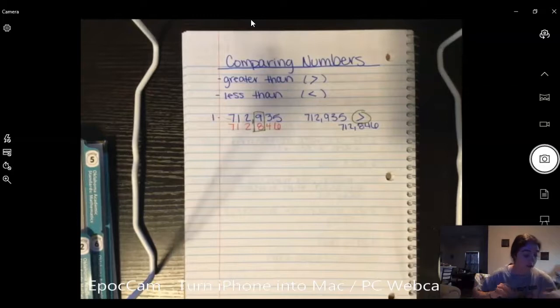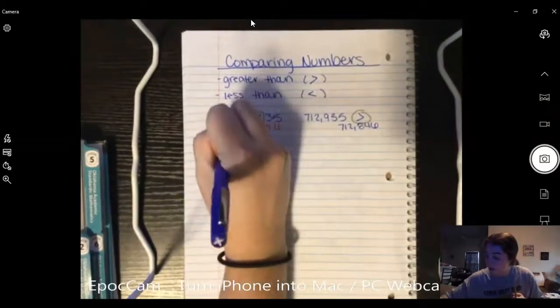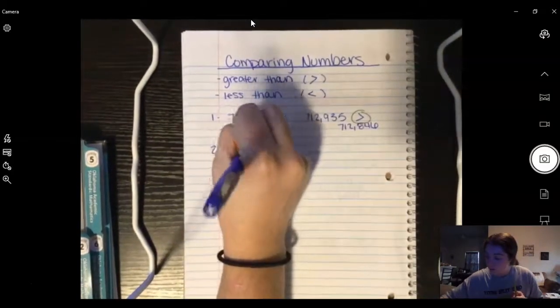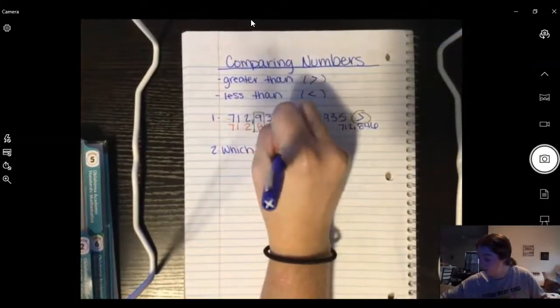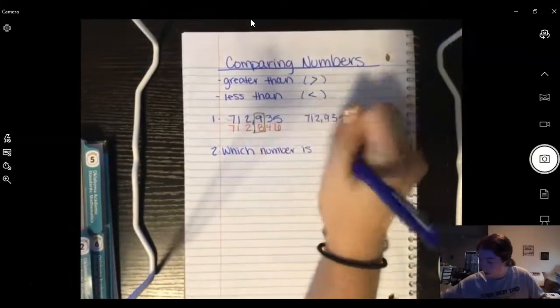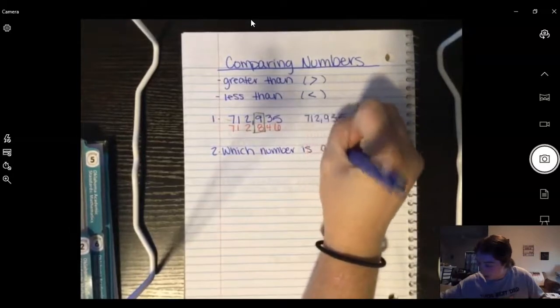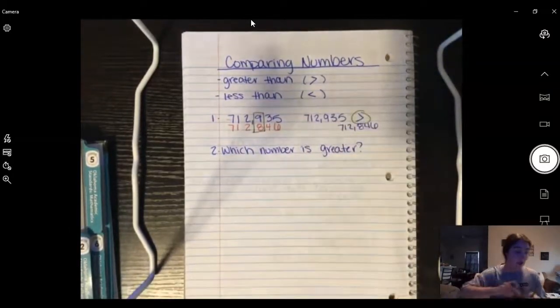So let's do another number. This question right here is asking us which number is greater. Okay, and here are the two numbers.